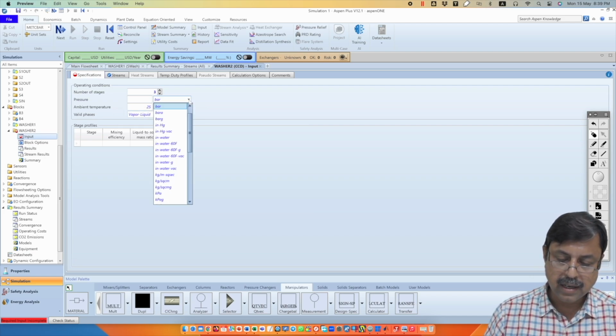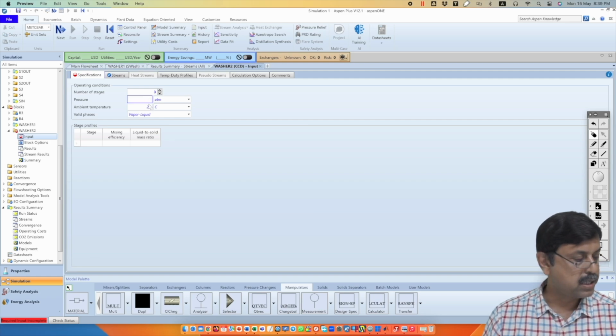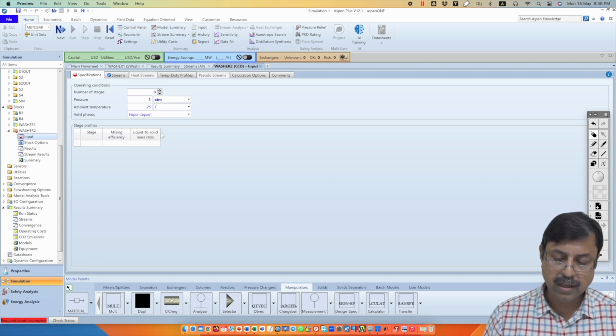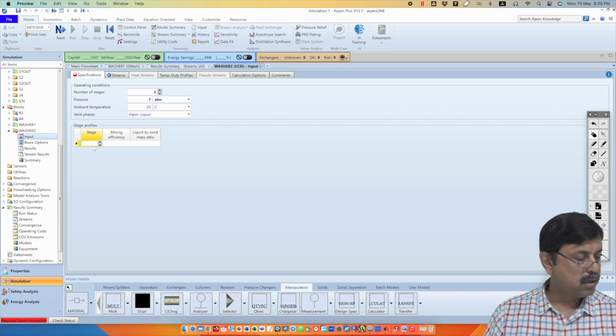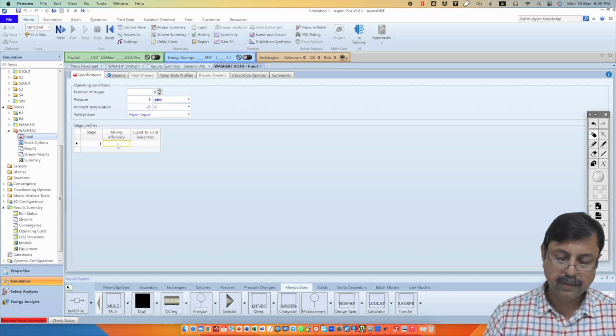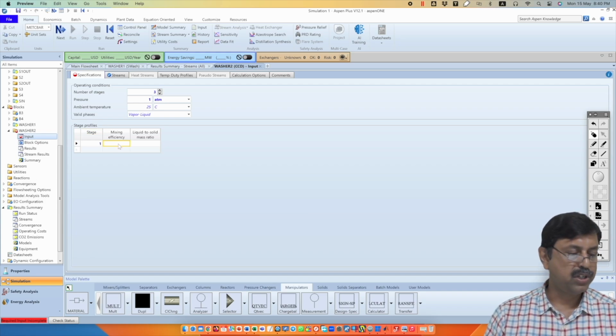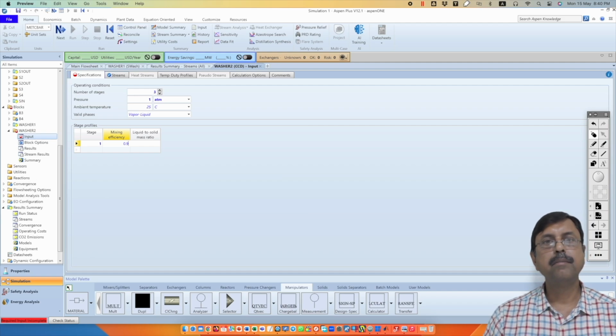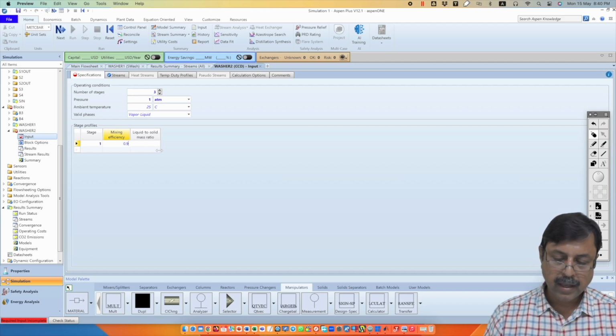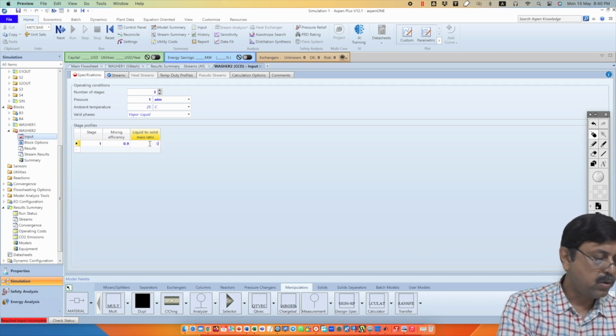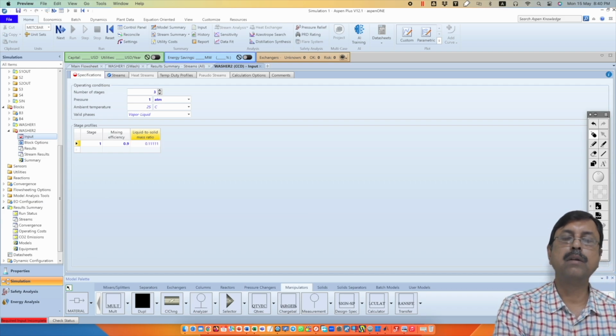So let us put the flash condition, the temperature and pressure, none of them are changed. And the stage, let us give only one efficiency, that is mixing efficiency. And liquid to solid mass ratio, you remember it is 0.1111.